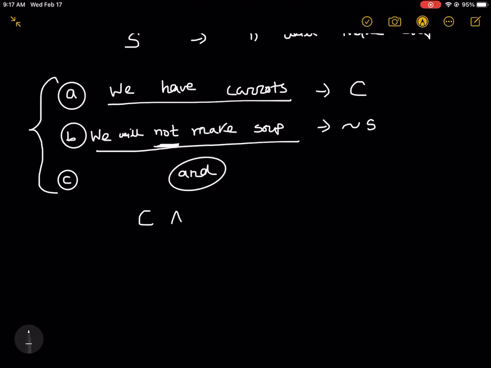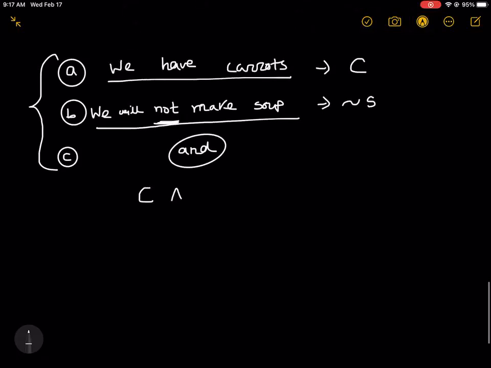All right, so I said we have carrots and will not make soup. So that's for and, and then I said will not make soup, so that's the negation. So that's for we have carrots and will not make soup.